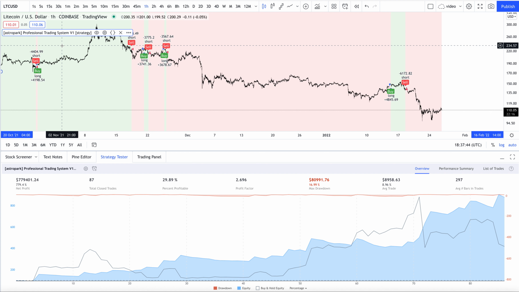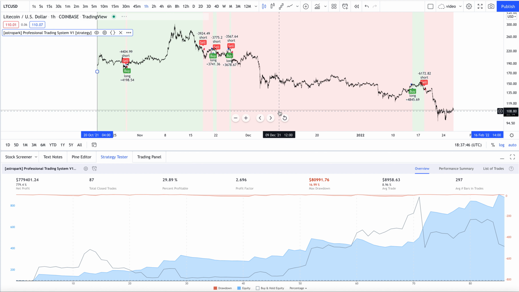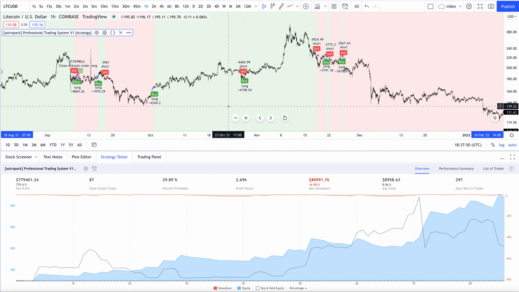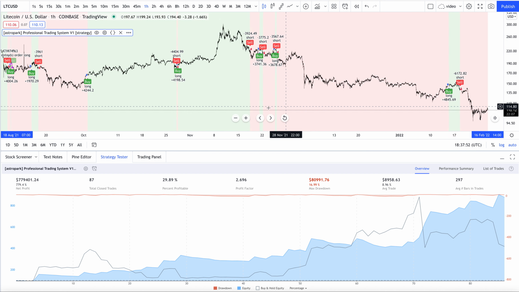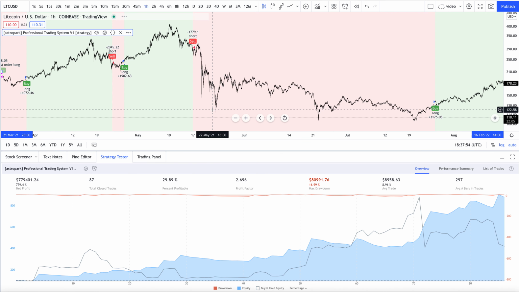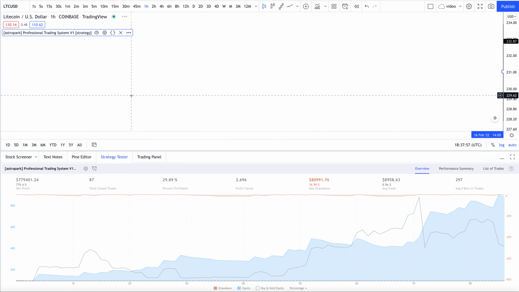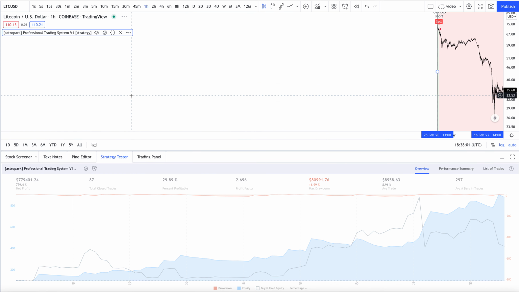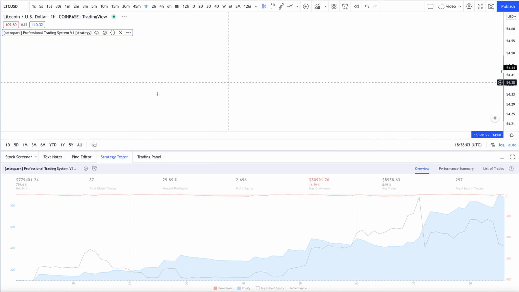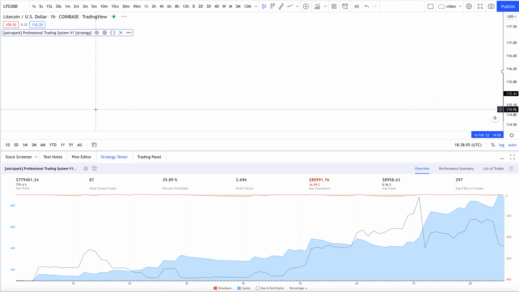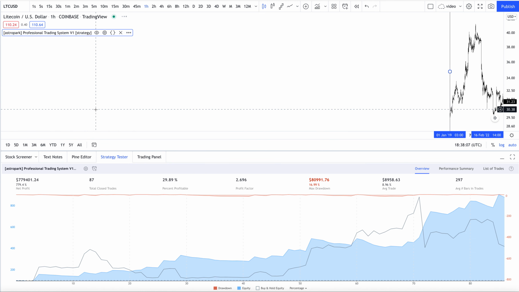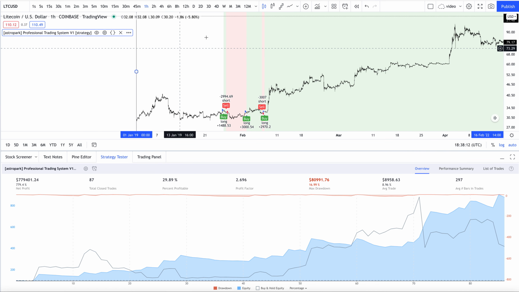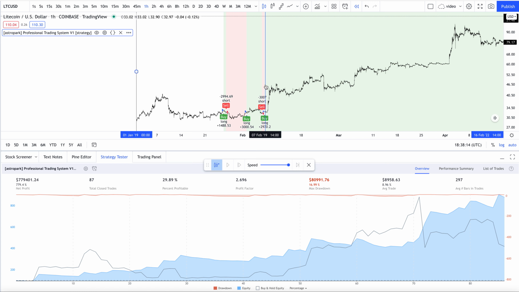And again, you can check. It's clear that in this case we don't have enough history. Okay, we can check what happened before, because Litecoin didn't start trading in 2019. Okay, so let's say for example we want to backtest from here.